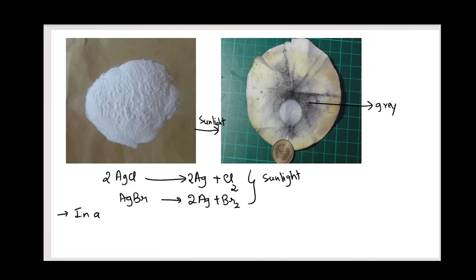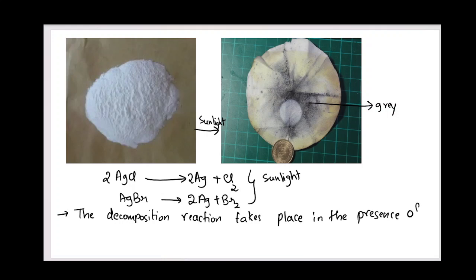In a chemical reaction, if a decomposition reaction takes place in the presence of sunlight, then it is called a photolytic decomposition.